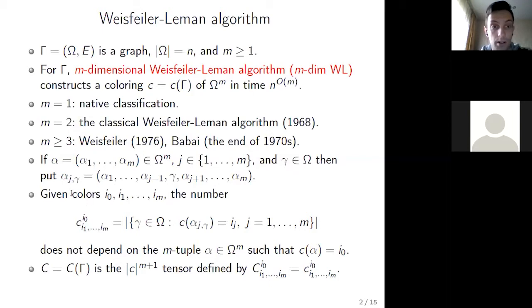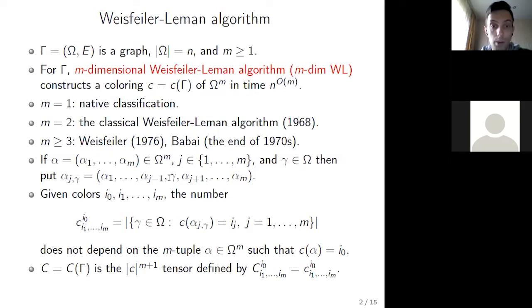Then alpha with indices g and gamma is an element of omega to the power m, whose every coordinate coincides with the corresponding coordinate of alpha except coordinate g, and its coordinate g is equal to gamma. So we replace coordinate g in alpha by gamma.